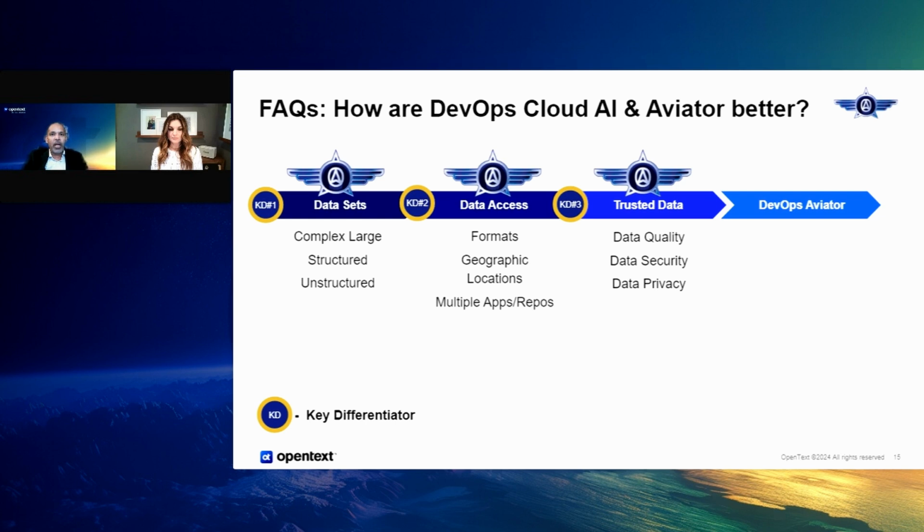And by default, I should not see any production defects, for example. In this case, if AI can bring in the data that I should not see, then there is a problem with the compliance. So data privacy becomes important, and that is covered with our DevOps Cloud Aviator. So trusted data is in place.